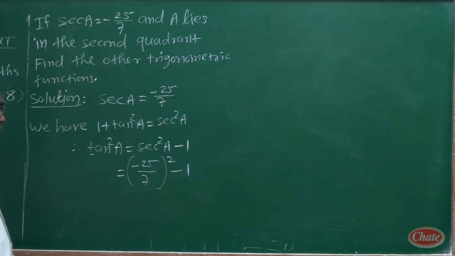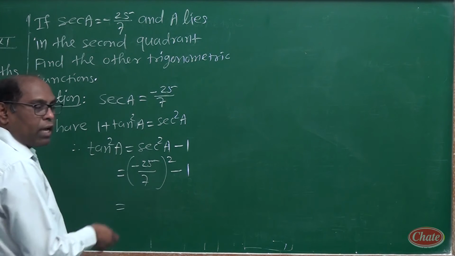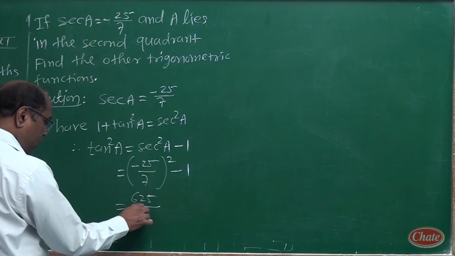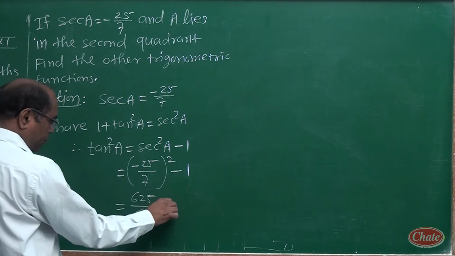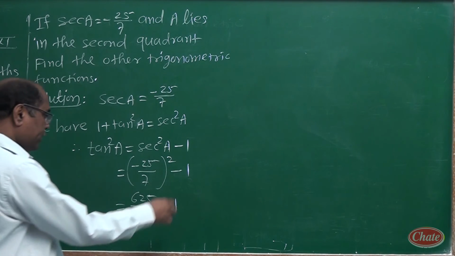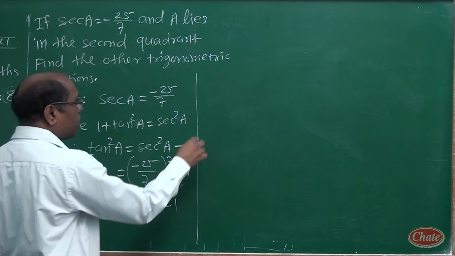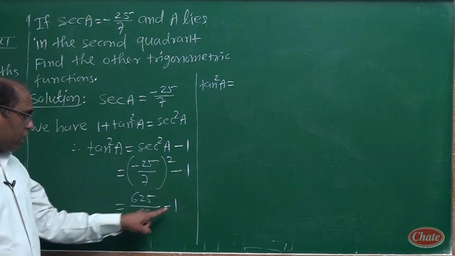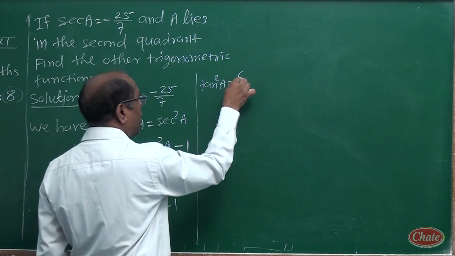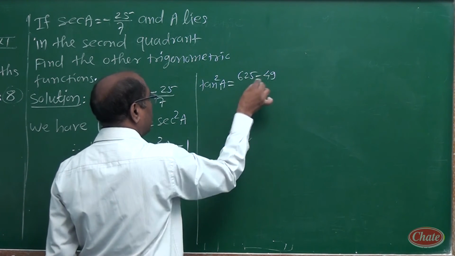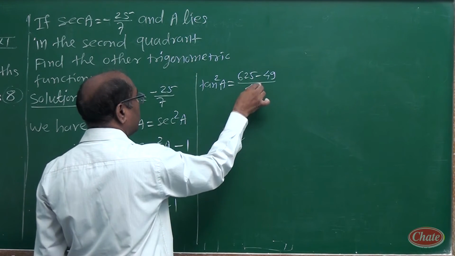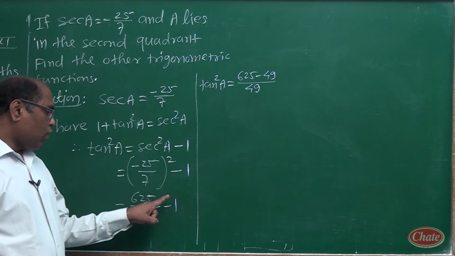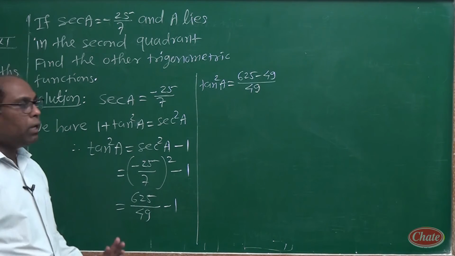Now to simplify that term. What is 25 square? That is 625. What is the square of 7? 49, minus 1. And therefore tan square A is equal to, taking the cross multiplication, (625 minus 49) divided by 49.